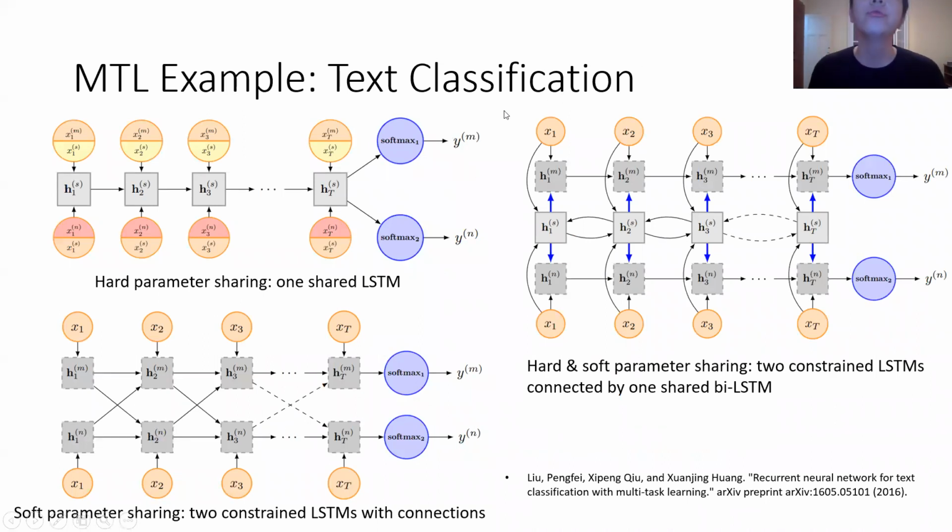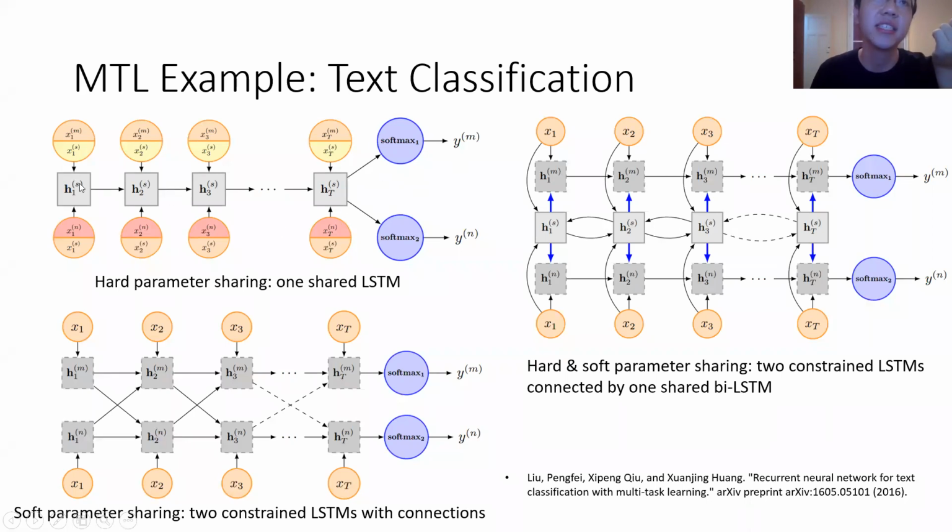Here we have two individual tasks for text classification, and the authors of this paper proposed three types of MTL architectures for this task. If you remember what Fuller told you about in her seminars, text data is sequential data, and a very effective way of processing sequential data is with RNNs.